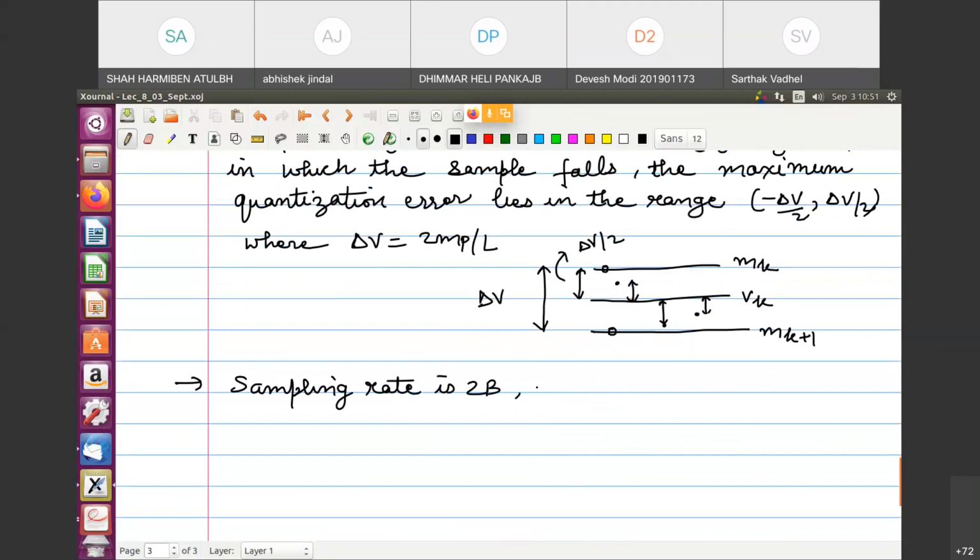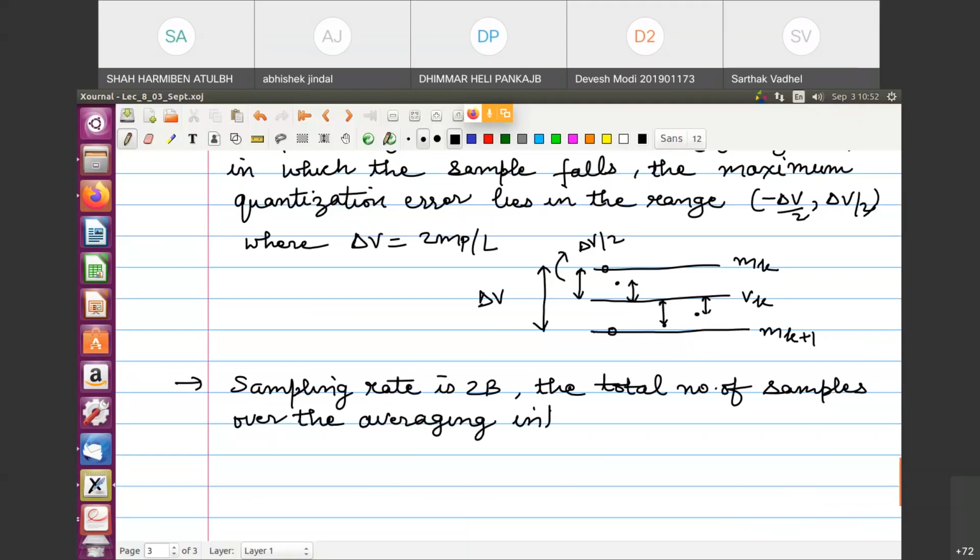The total number of samples over the averaging interval T is 2BT.